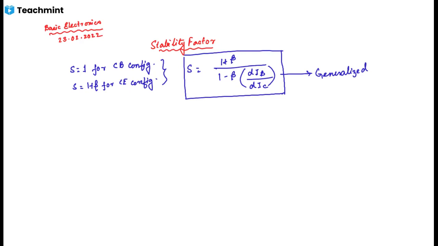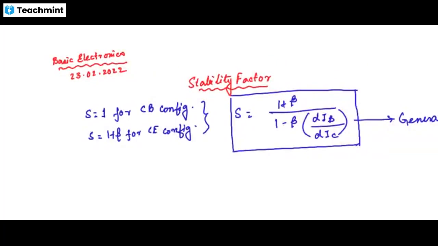So up to this, I think everybody has been cleared. We have discussed all the things that we are going to discuss. This is the stability factor. Next, there will be a question why we use this biasing circuit. Number one, a biasing circuit must set the operating point in the middle of active region of the transistor characteristics.